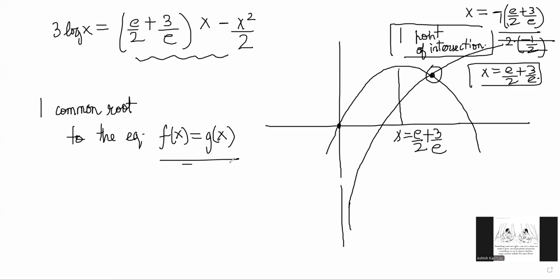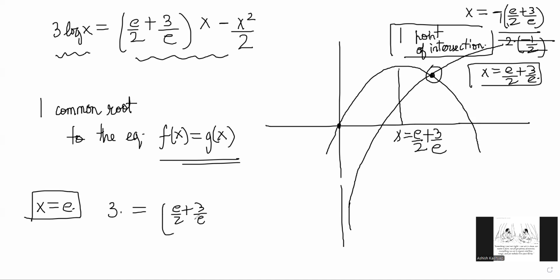If you want to find the root, you will have to sort of guess where this root will be. One possible guess you can try out is x is equal to e. Let's try what is coming here. Left hand side is becoming 3. Right hand side is becoming e by 2 plus 3 by e multiplied by e minus e square by 2.